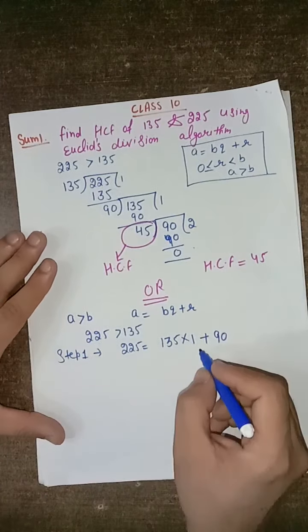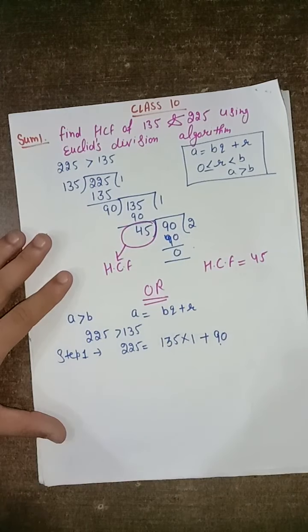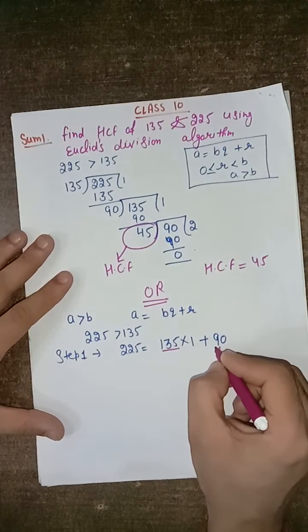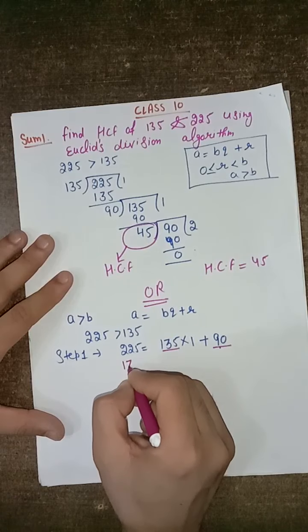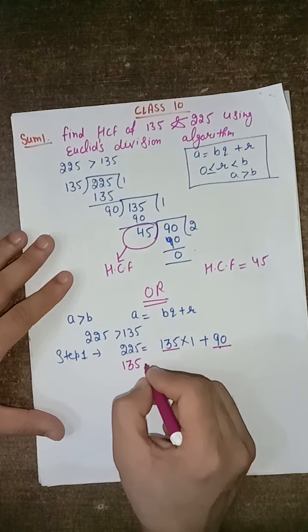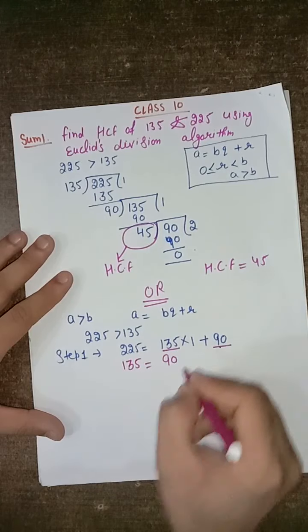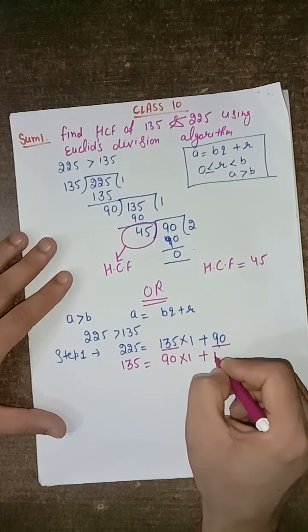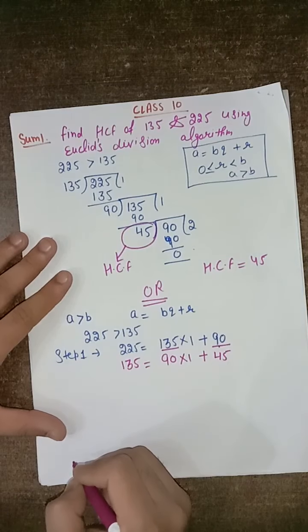Now the remainder is not 0, so we will apply Euclid's division lemma to 135 and 90. I will write 135 here and 90 here.